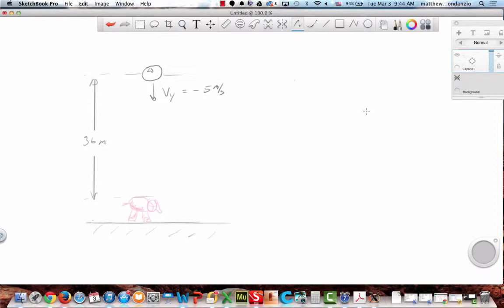What's the height of the elephant? It's just to the top of it. I've already given the 36 meters. Just use a distance of 36 meters. So if the ball goes 36 meters, it's gonna hit the elephant. So between the top of the elephant and where the ball is, it's 36 meters.